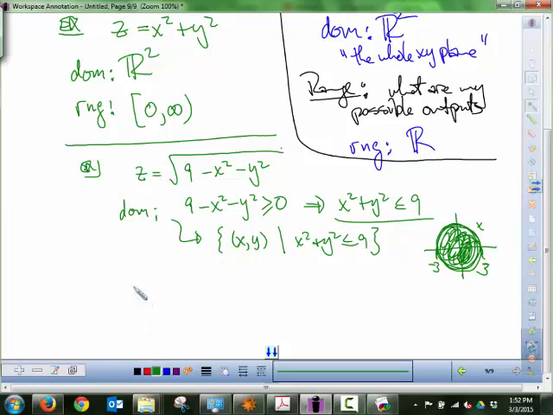Okay, the range. Any ideas what the range is? 3 and negative 3? Including? Not including? Okay? No?